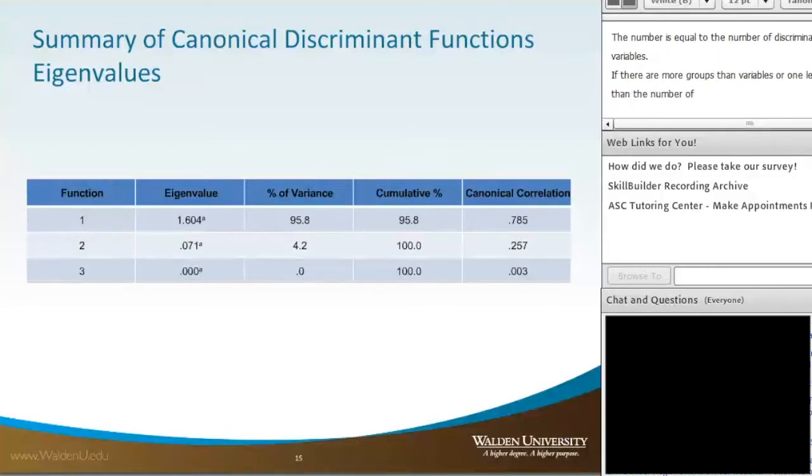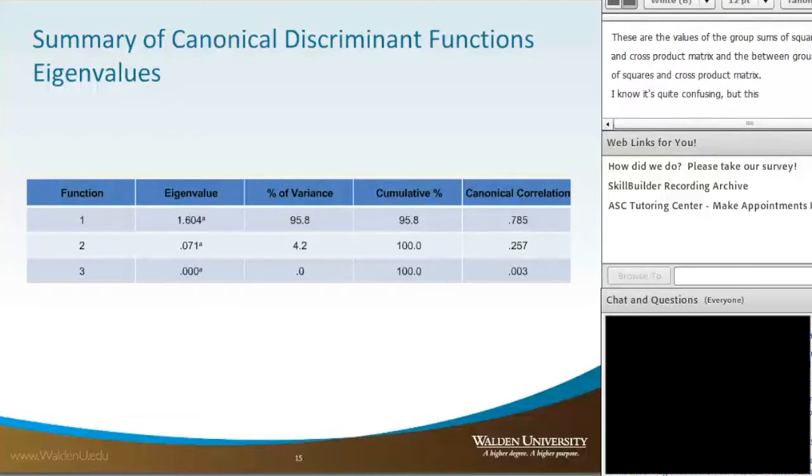The eigenvalue, which is the next column, these are the eigenvalues of the matrix product of the inverse of the within-group sums of squares and cross product matrix, and the between-group sums of squares and cross product matrix. I know it's quite confusing, but this is really what the eigenvalues mean.